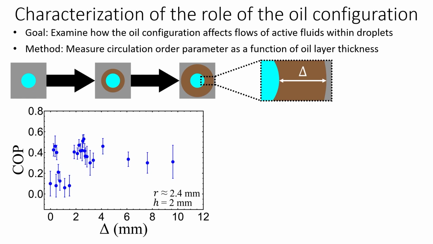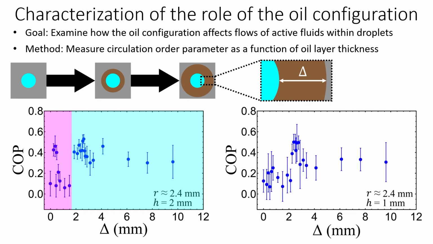Our measurements showed that oil layer thickness indeed influenced the formation of intra-droplet circulatory flows. This influence is prominent when the oil layer is thin. For a thick oil layer, the circulatory flow is nearly unaffected.